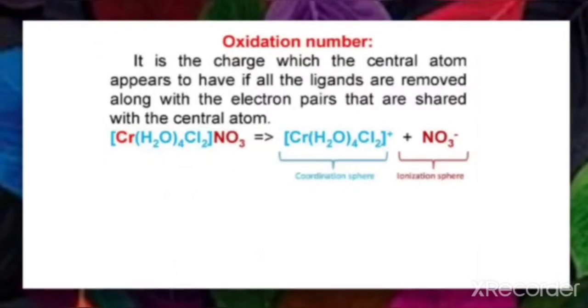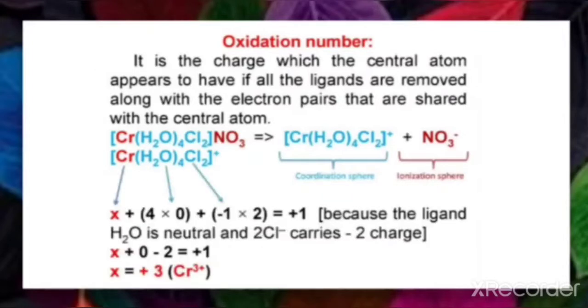Now we can find out the oxidation number for Cr very easily by following the method that we learnt last year. That is, keeping the oxidation number of Cr as X, which we have to find out. So we'll do it this way. X is the oxidation number for Cr, and water, H2O, is a neutral ligand.